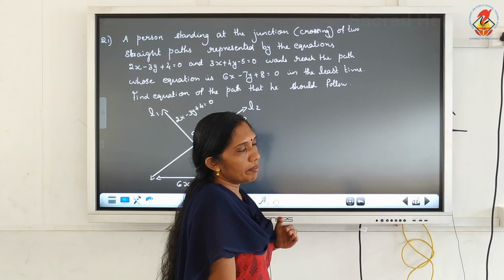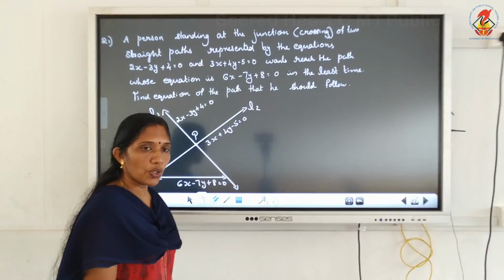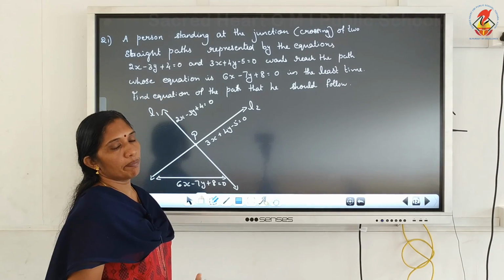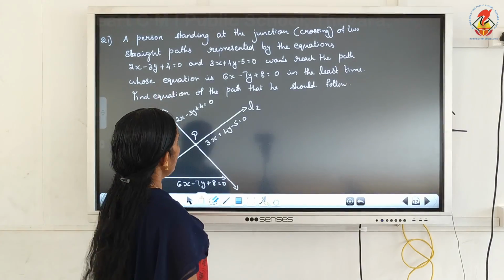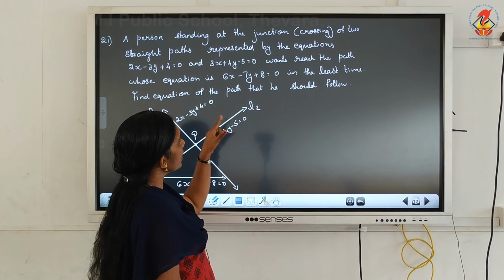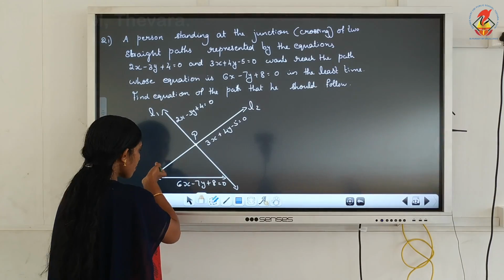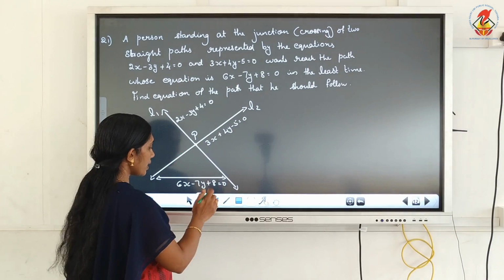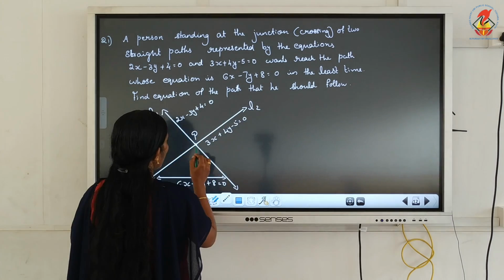In the least time means from this point to this line, what do we have to draw? Perpendicular line. Perpendicular is always the shortest distance. Okay, so in least time find the equation of the path he should follow. So he can follow this way or this way, but the shortest one is always the perpendicular one.